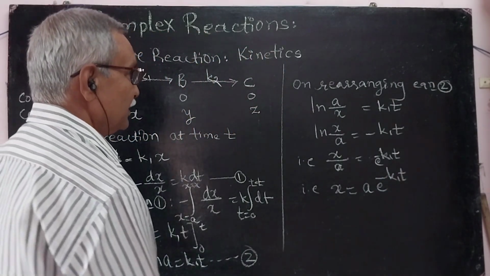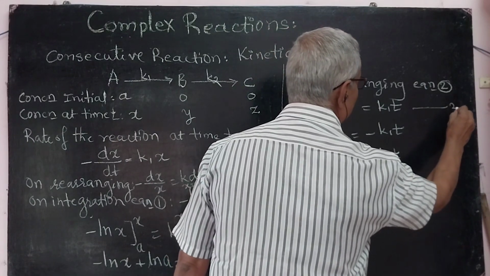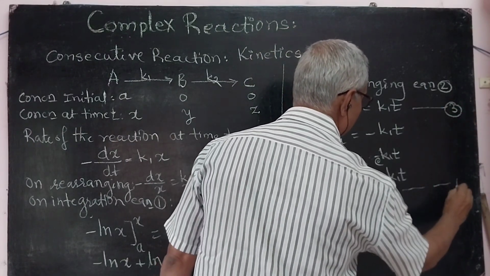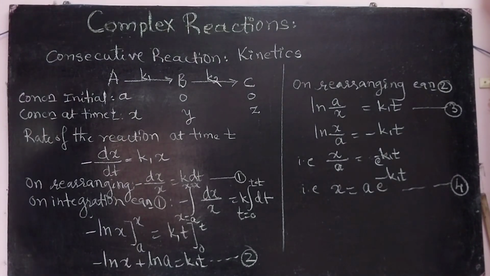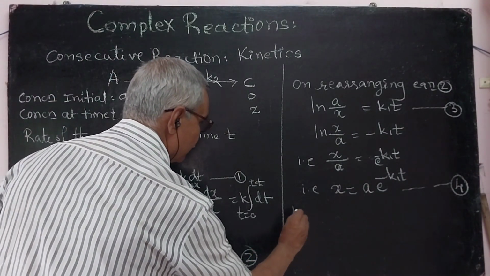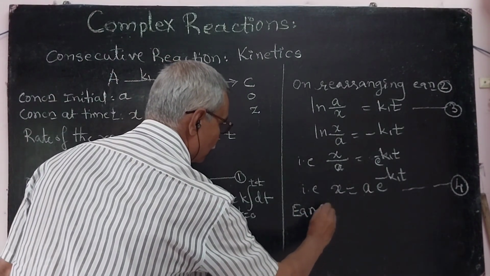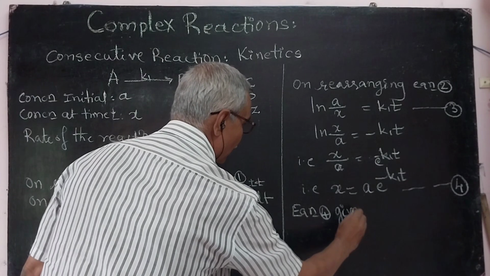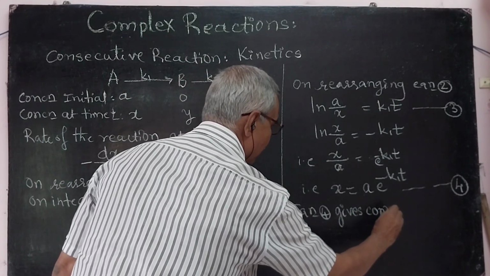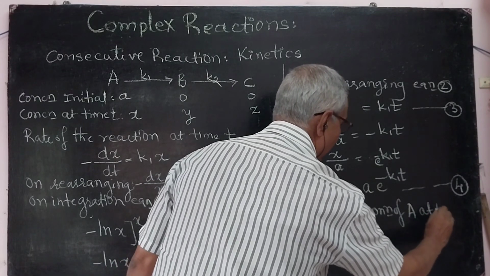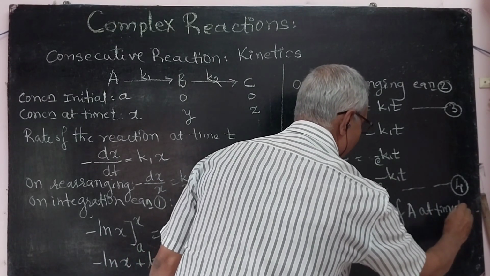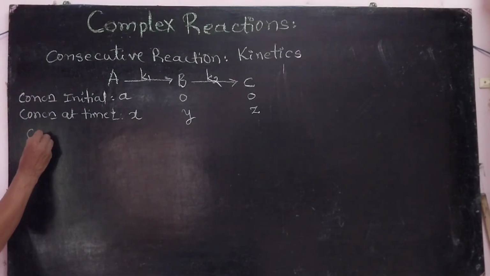Suppose this is equation 3 and this is equation 4. Equation 4 gives the concentration of A at time t.